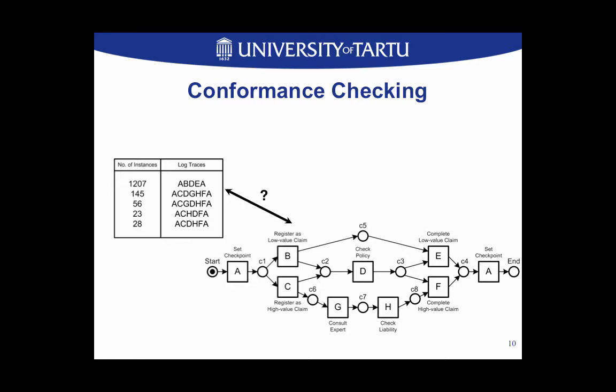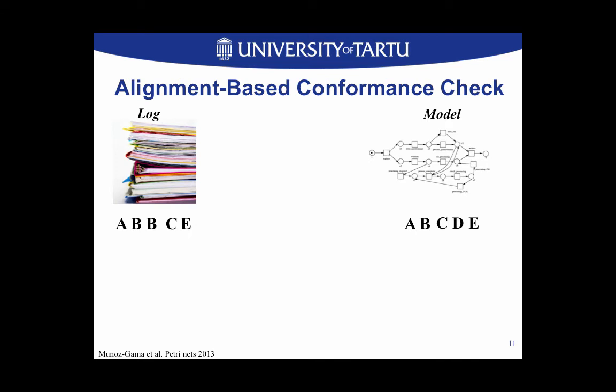You can attack this problem by taking the traces and replaying them, just parsing them. And whenever you see there's a problem, you keep a note: I had a problem when parsing this trace. Or you can check that sometimes the model can do things that cannot be done in the log, and so on.